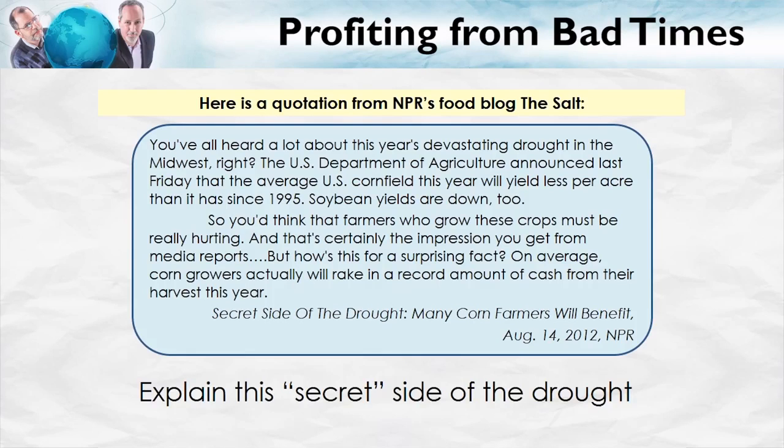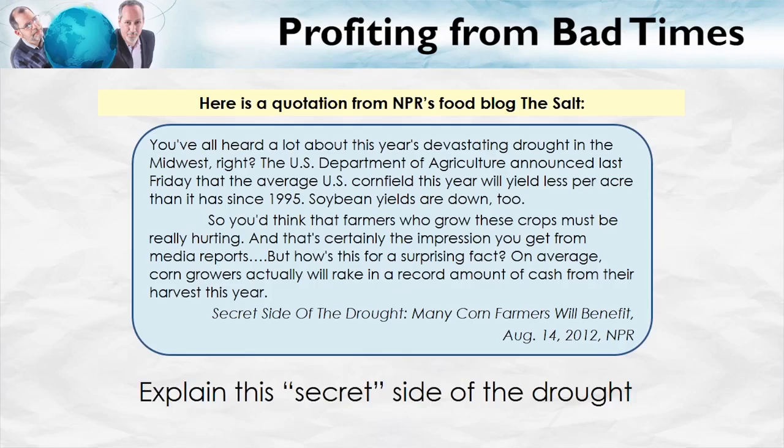Soybean yields are down too. So you'd think that farmers who grow these crops must be really hurting. And that's certainly the impression you get from media reports. But how's this for a surprising fact? On average, corn growers actually will rake in a record amount of cash from their harvest this year.